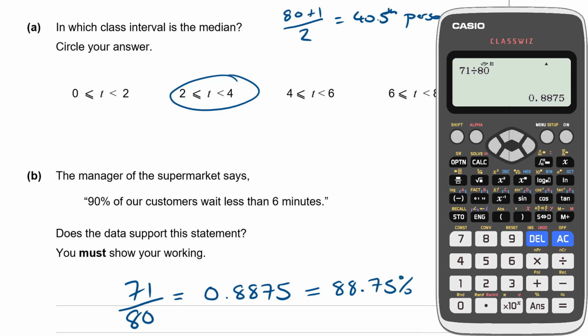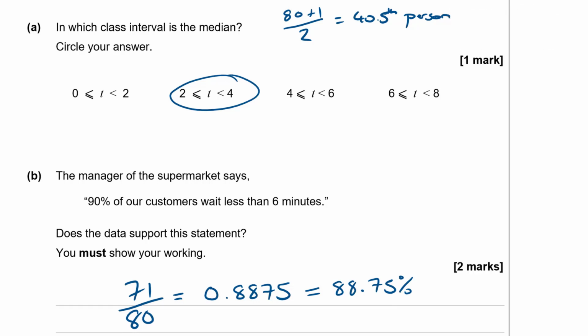Now the question didn't actually ask us to work out the percentage, although we do need to show our method. It asked, does the data support the statement? So having looked at our result, can we say that the manager was correct in his statement?